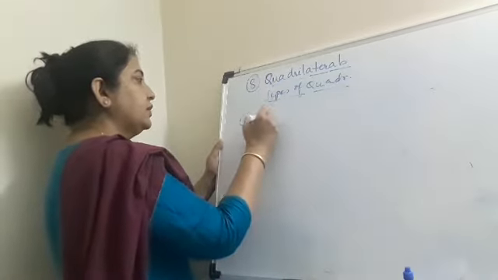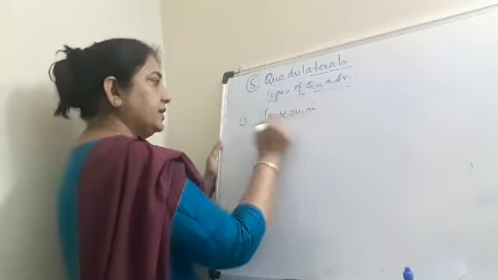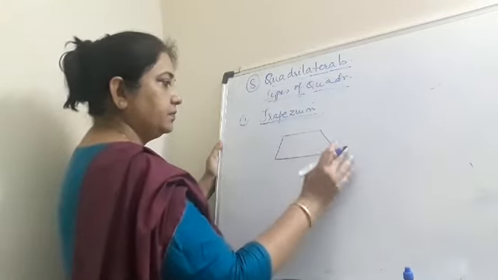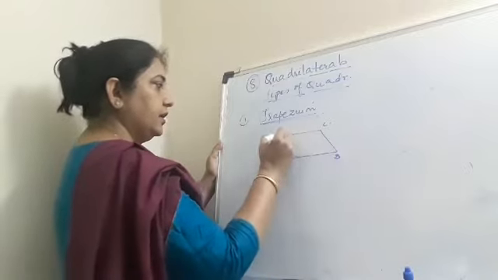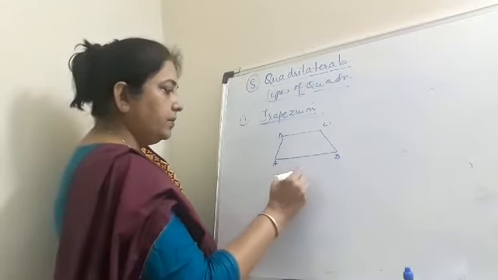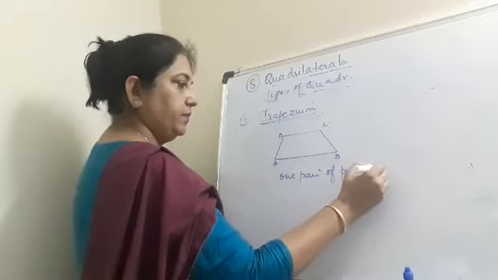Starting with the first one, I take the trapezium. This is how a trapezium looks: A, B, C, D. A trapezium is a quadrilateral with one pair of parallel sides.